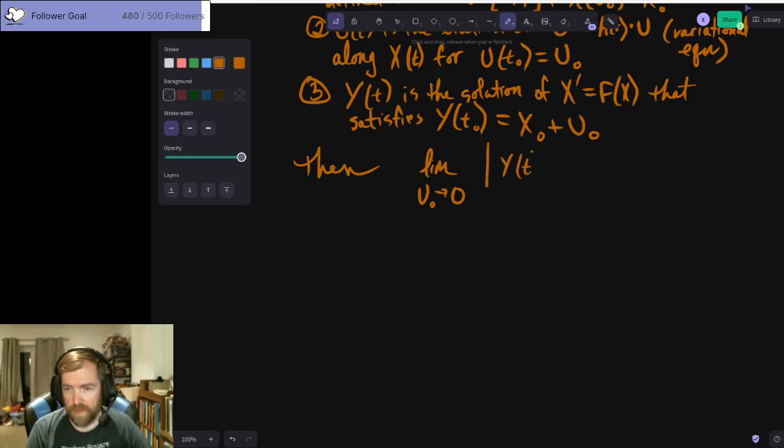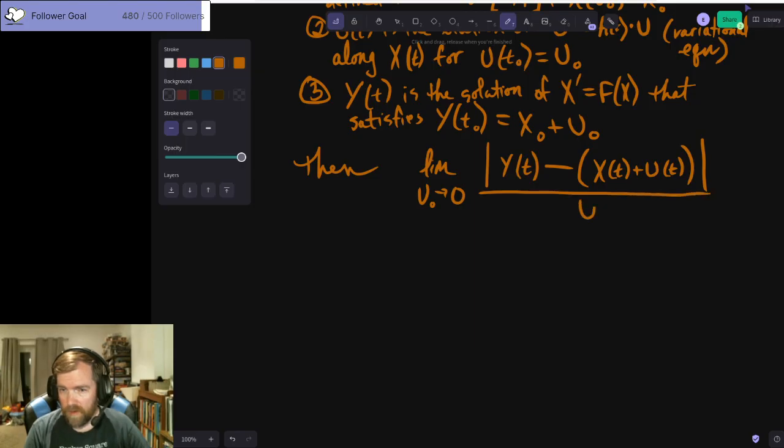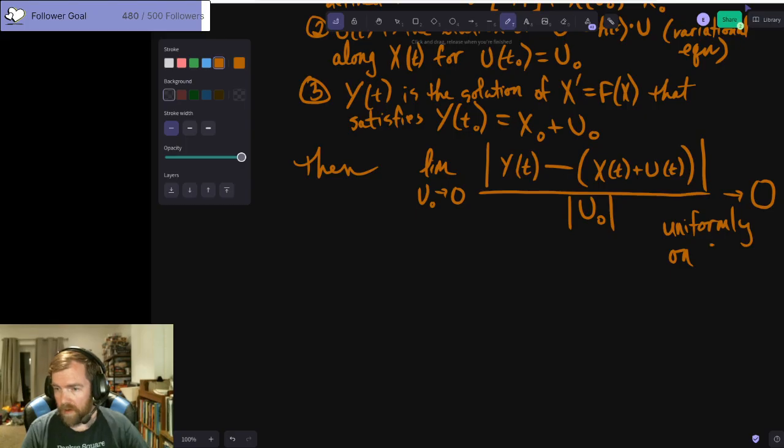The distance between y of t and x of t plus u of t, over the absolute value of u sub 0, is going to converge to 0 uniformly on t belonging to [alpha, beta].